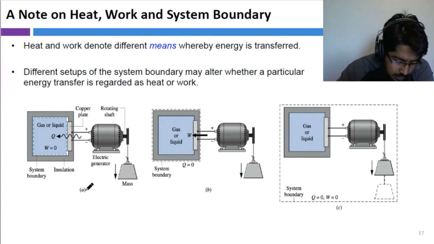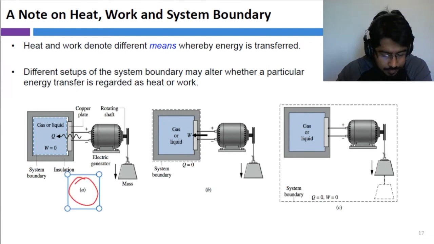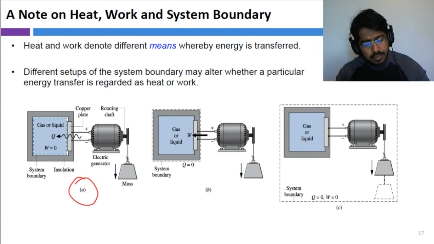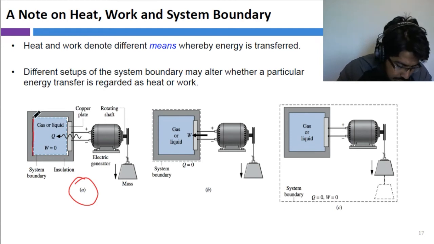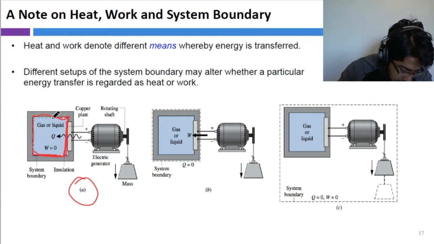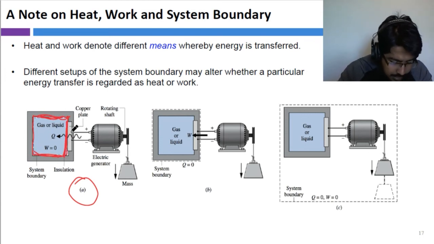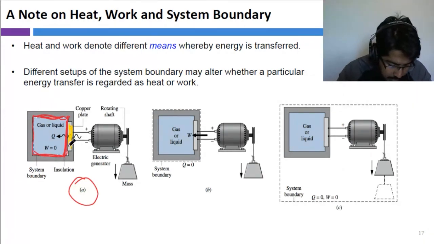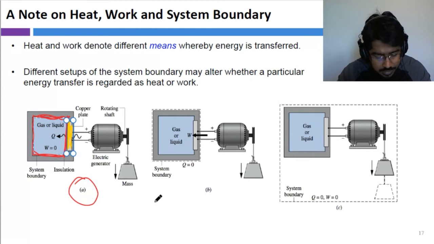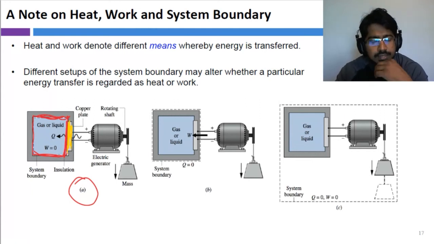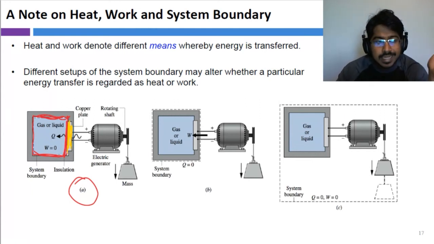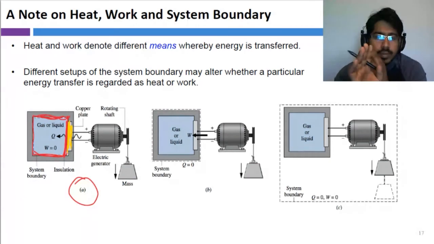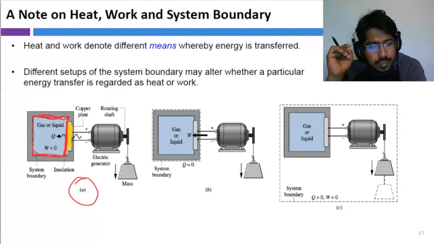If we consider the first diagram, here the system boundary is the inside of the box, the internal surface, and there's a heating element, which I colored orange, connected to the surface. Not inside the boundary, but touching the boundary, right?